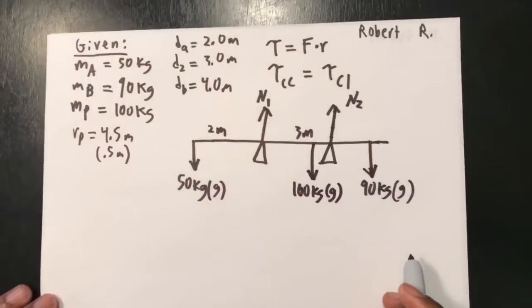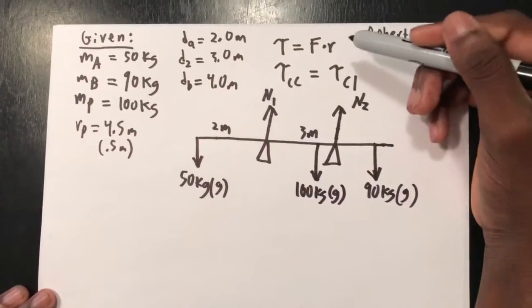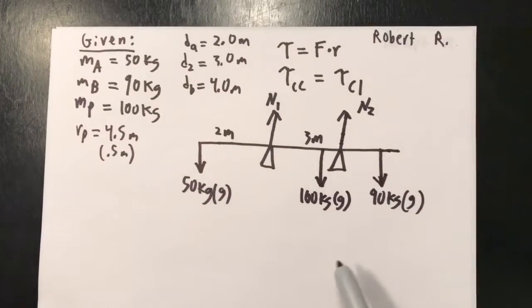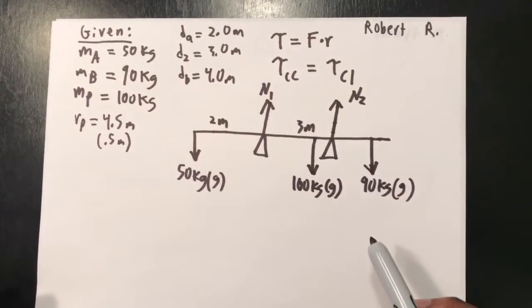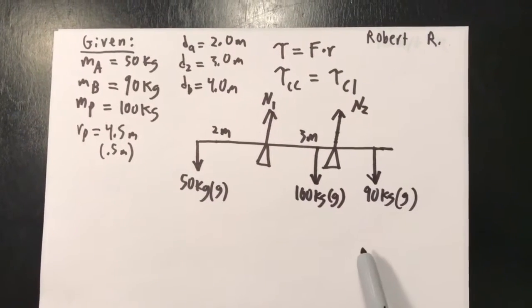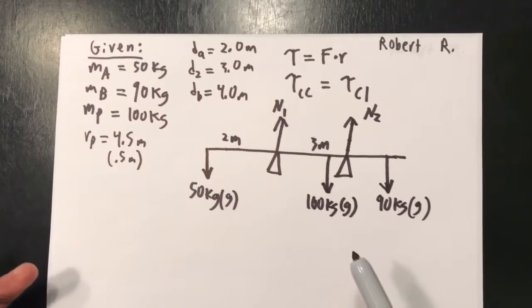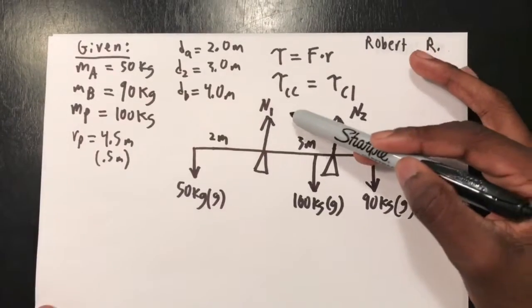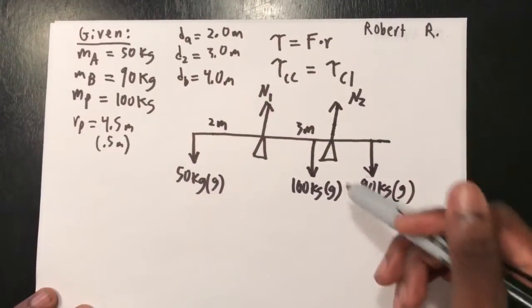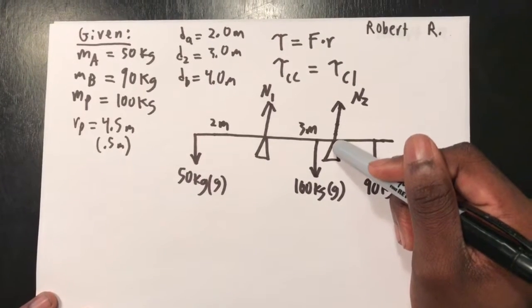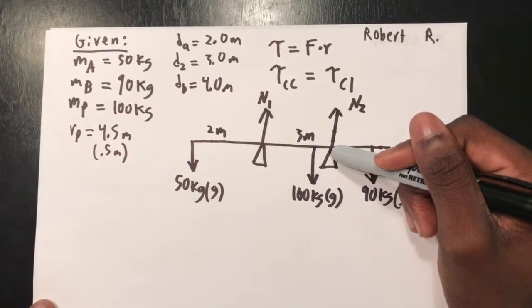Now, a useful thing to know is that all of these that are exhibiting torque here all use gravity, which is the mg here. So we can exclude that when we write our torque counterclockwise is equal to torque clockwise. And we're using this as the pivot point, therefore this force will be equal to 0.